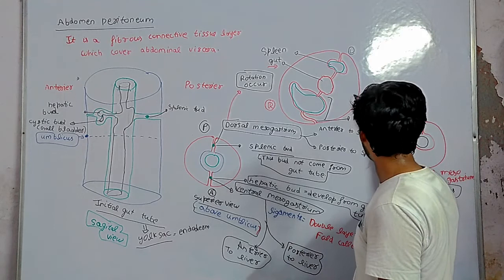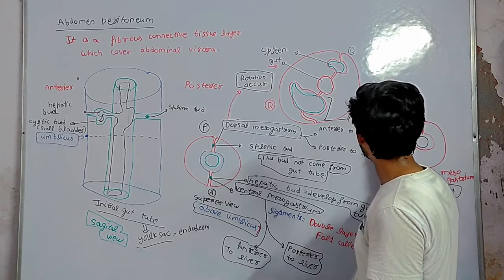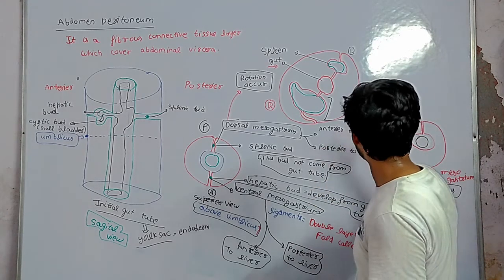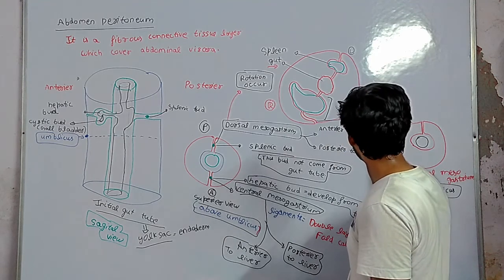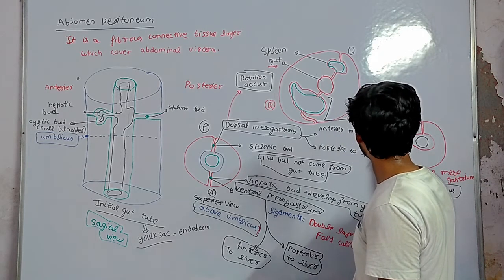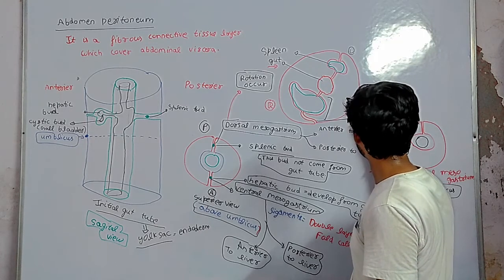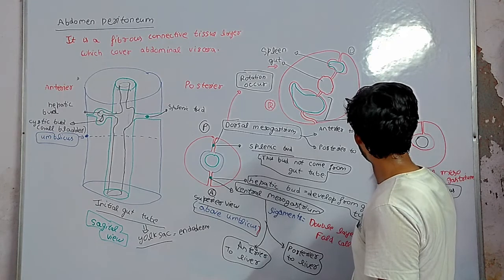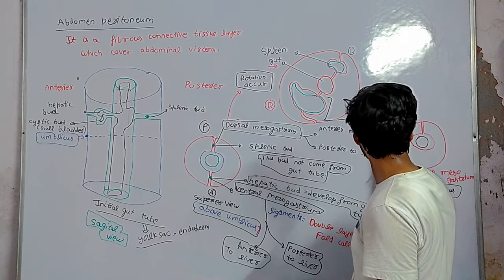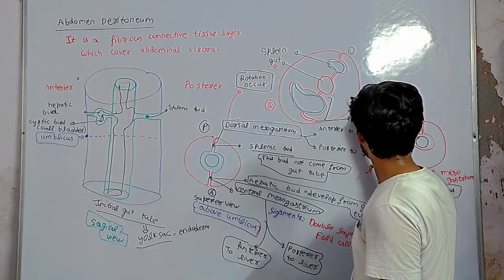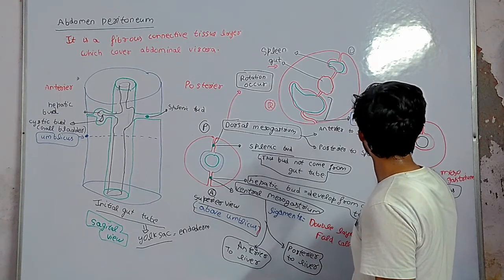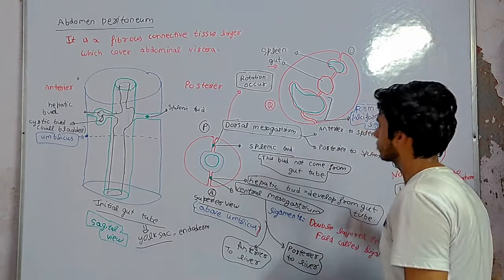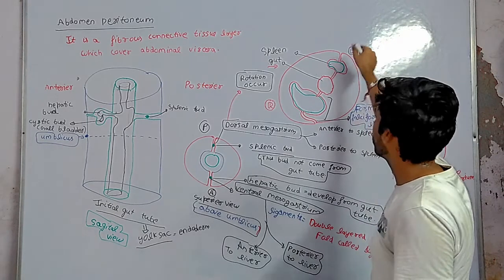It forms the falciform ligament on the anterior surface of the liver. One thing developed. Again, one more ligament developed.